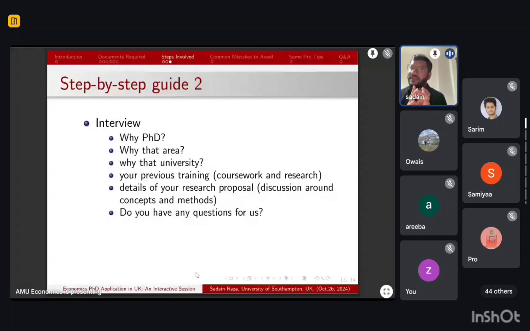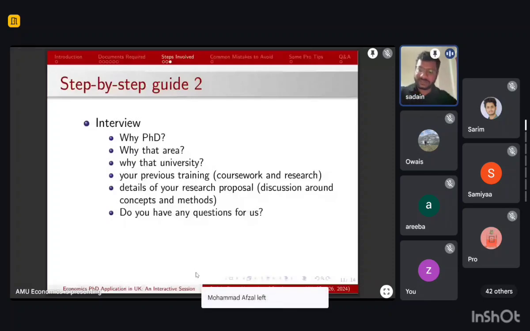And the third thing is whether you have enough skill set for that or not. Suppose you are proposing that you will do this econometric model and you don't know anything about econometrics at all, like you have copied it from somewhere, you have copied somewhere else's research proposal and you don't know the things, then it will be a bad thing to do.